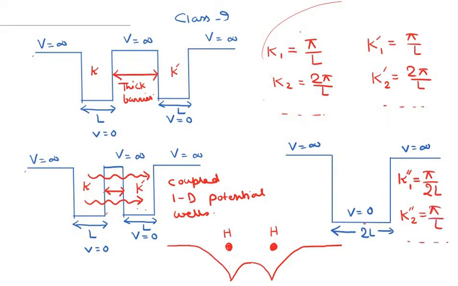The key point to take away is that whenever you bring two potential wells or two atoms or two structures closer to each other, such that the electrons present in each of them can flow from one structure to another, or can interact with one another, then the electronic states completely evolve or mix up to give rise to new states, and this phenomenon is known as coupling.